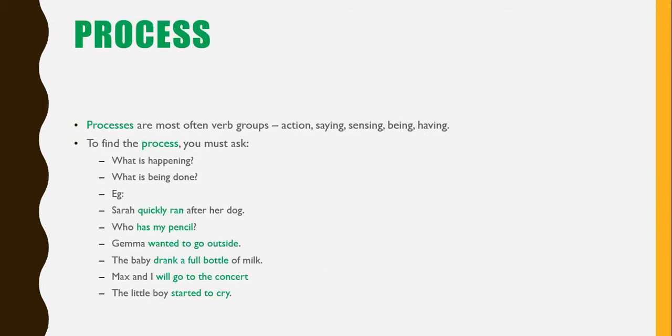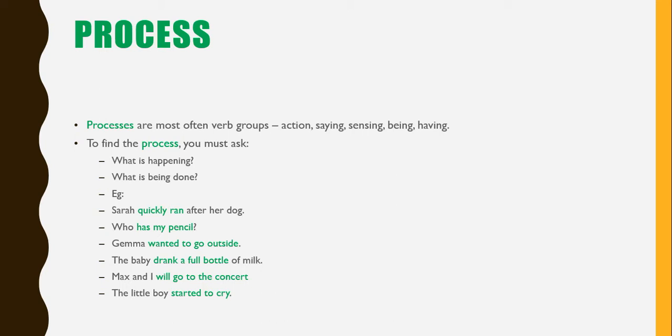Now the processes are most often verb groups. So actions, sayings, sensing, being or having in the sentence. To find the process, you must ask what is happening and what is being done. So for example, Sarah quickly ran after her dog.